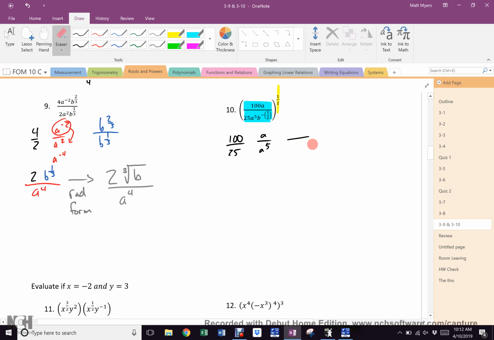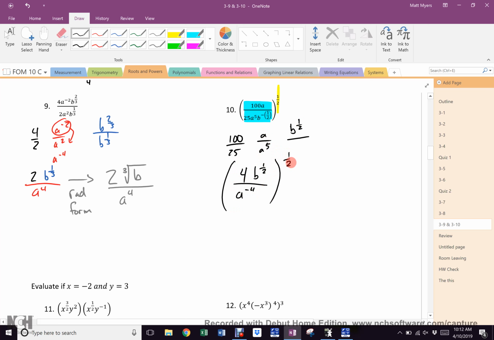To the numerator. What's 100 divided by 25? 4. What's this? A to the negative 4. So it needs to go down here, right? And B to the 1/2. Is everybody happy? Now all of that is to what power?